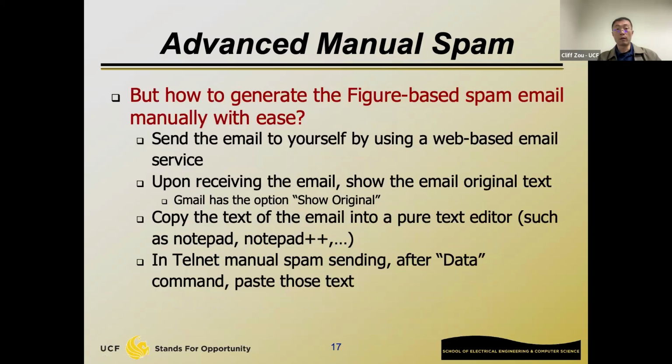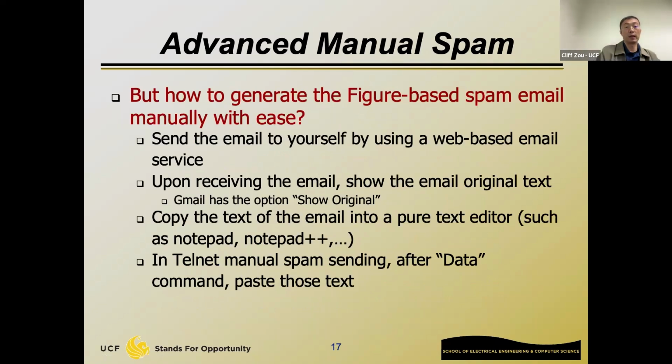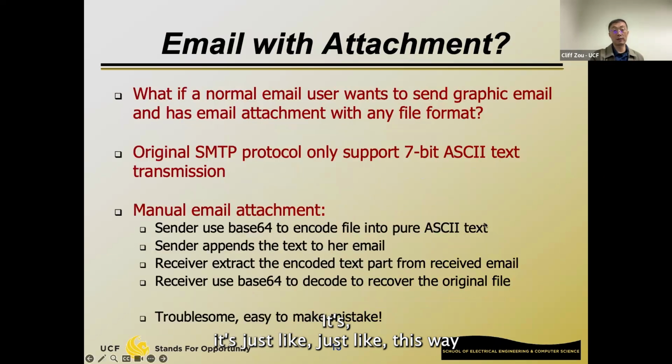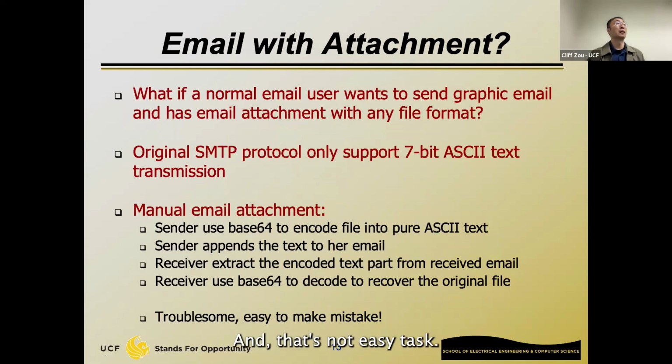How do we generate the image-based spam email manually? Well, I found out it's not easy. Just like this way, you need to do everything manually using base64 encoding, and that's not an easy task.